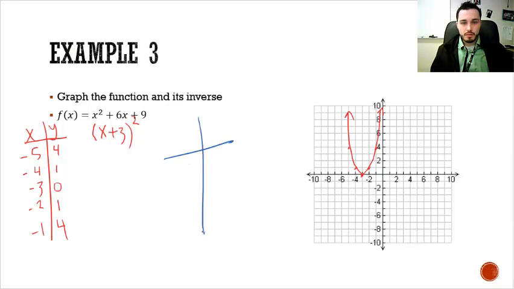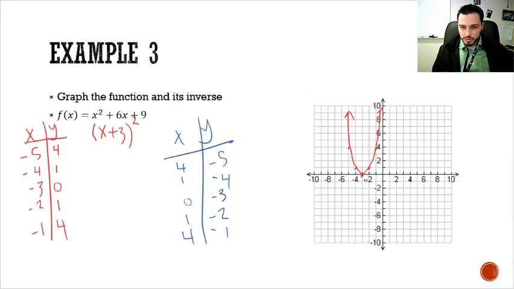And switch the table. I have 4, -5, 1, -4, 0, -3, 1, -2, and 4, -1.